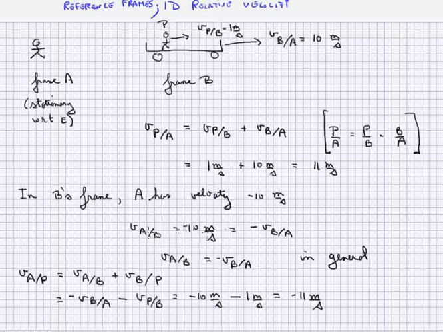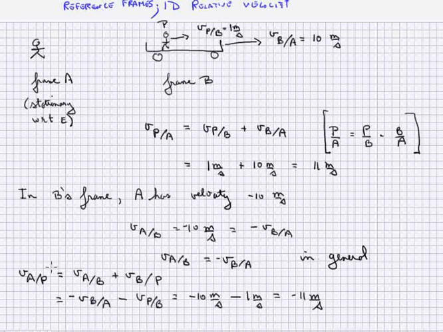And so the velocity of A relative to B is minus 10, which is the negative of the velocity of B relative to A, which was 10 meters per second, as we set up here. And that's a general rule. If you switch what relative to what, A relative to B and B relative to A, there's always a minus sign in between. That's true in general.